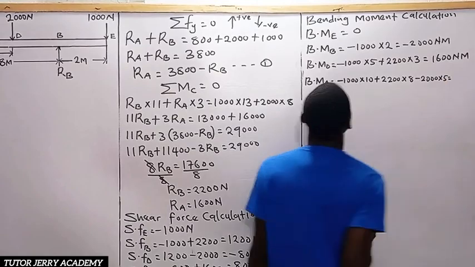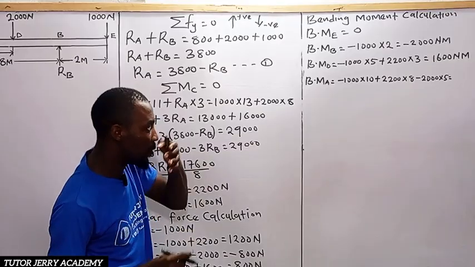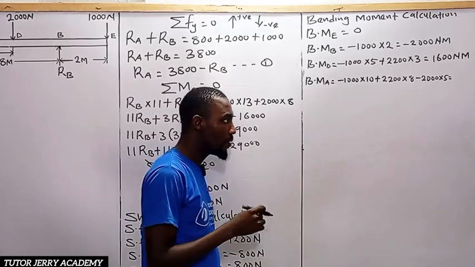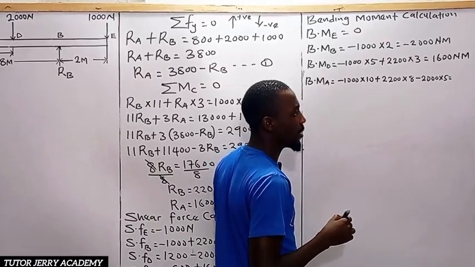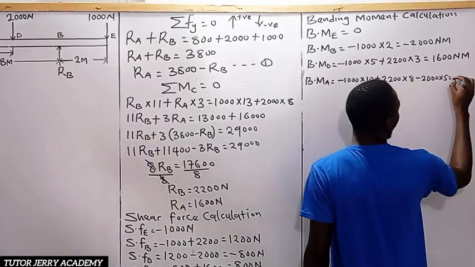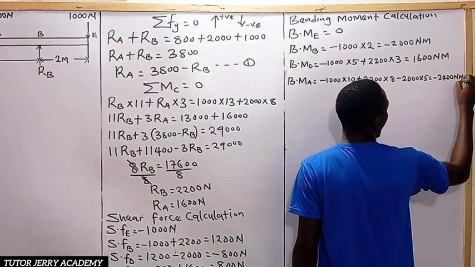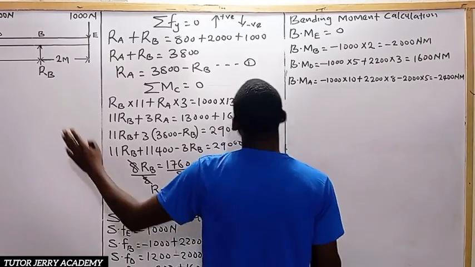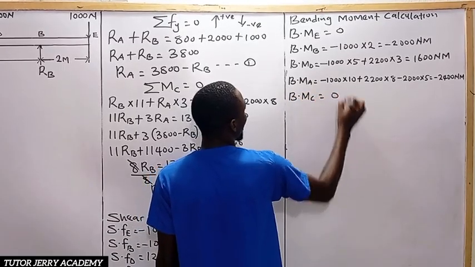So if you do your math carefully, all of this stuff is going to give us negative 2,400 Newton meter. Alright, and the bending moment at point C now will be equal to 0.